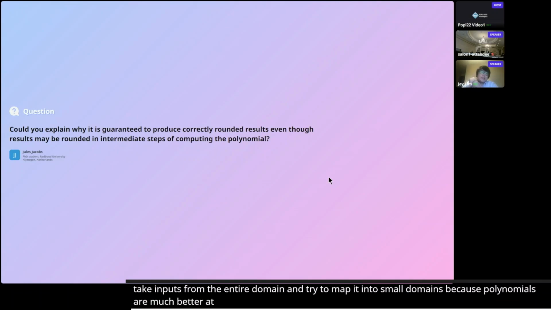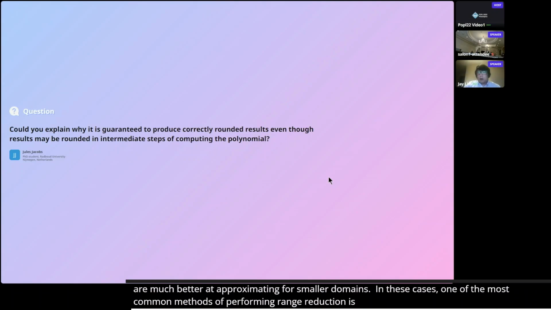One of the most common methods of performing range reduction is to use lookup tables and so on. So our math libraries do have some lookup tables, but they're in the order of a couple hundred, 300 entries for the table.